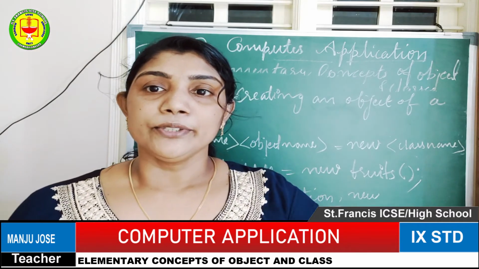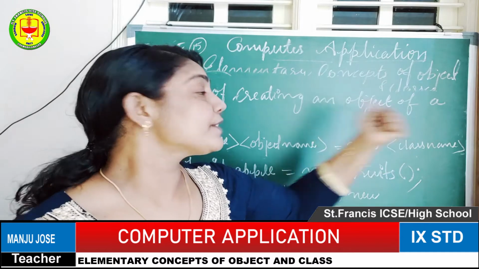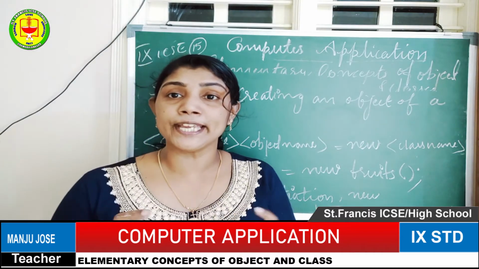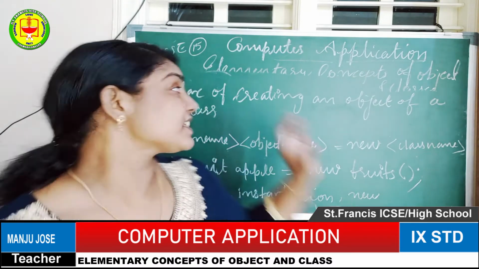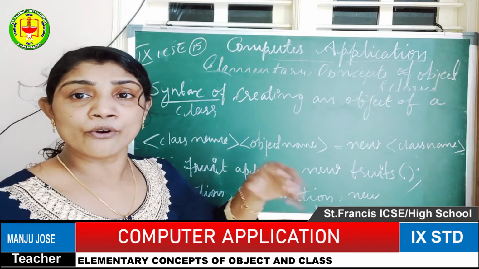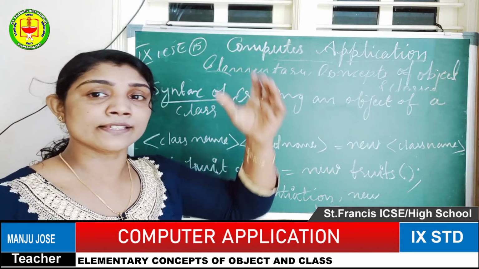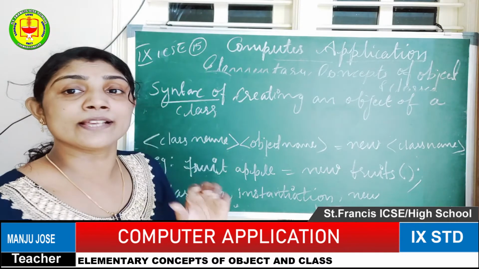So we can continue. The next part is the syntax of creating an object of a class. How are we going to create an object in a class? The writing method, or syntax. Syntax means the writing method, or writing rules and regulations. How we write, some methods have to be followed. That rule is known as syntax.